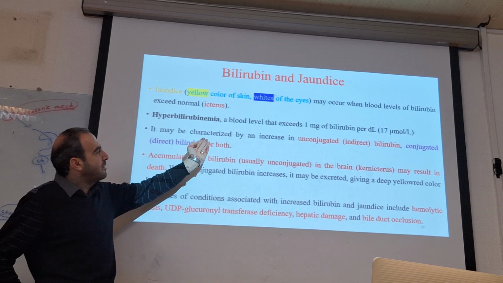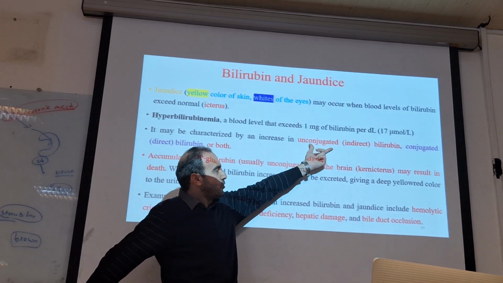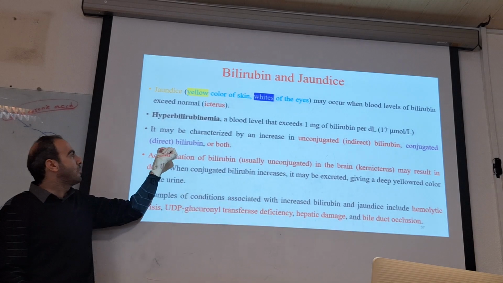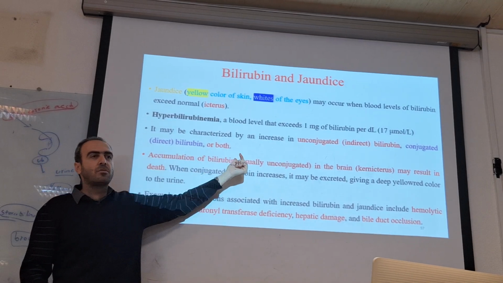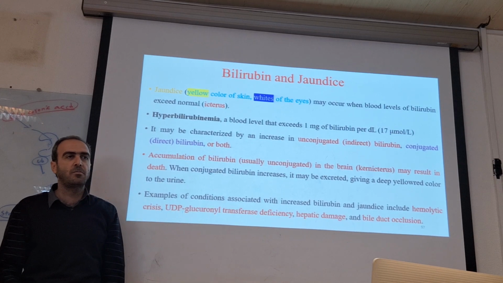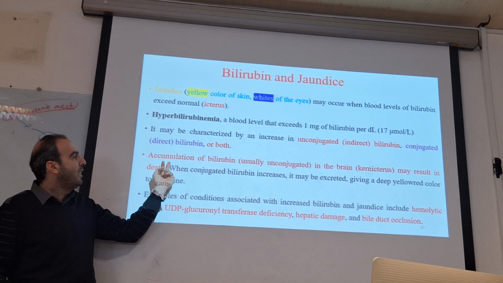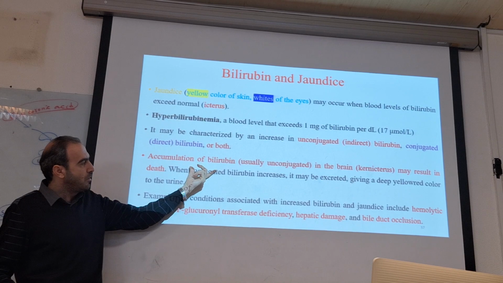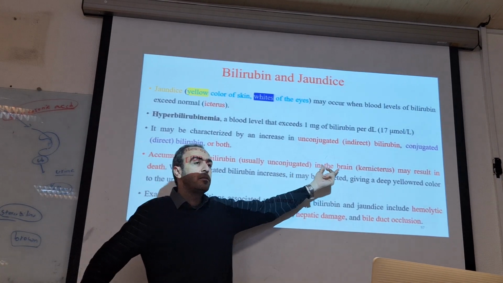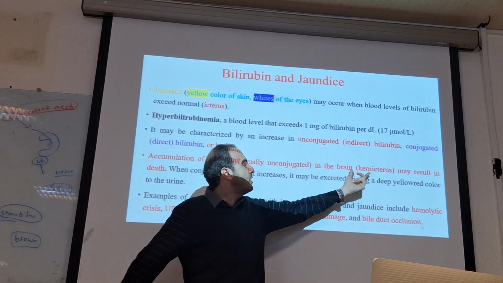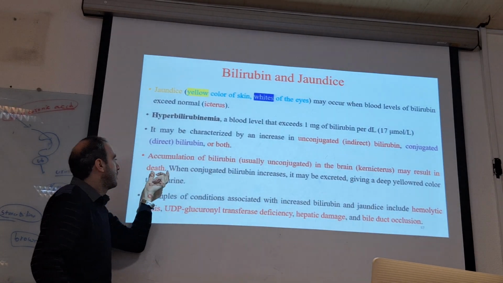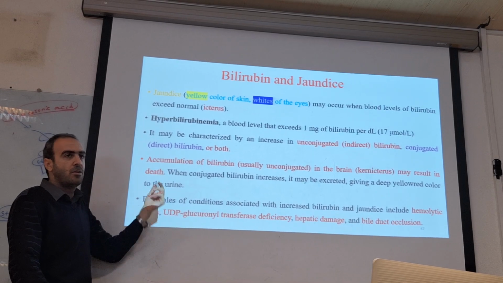It may be characterized by an increase in unconjugated or indirect bilirubin, conjugated or direct bilirubin, or both. It's dependent on the source of the increase in bilirubin. Accumulation of bilirubin, usually unconjugated, in the brain leads to the disease known as kernicterus.